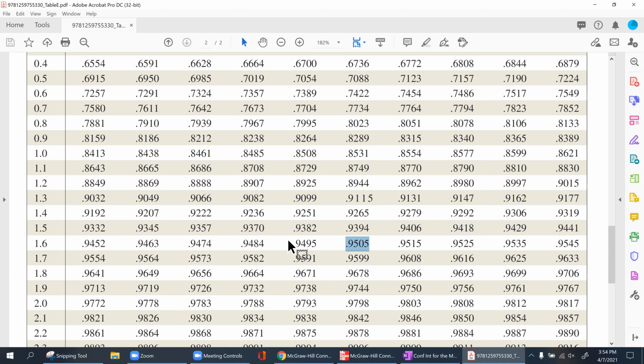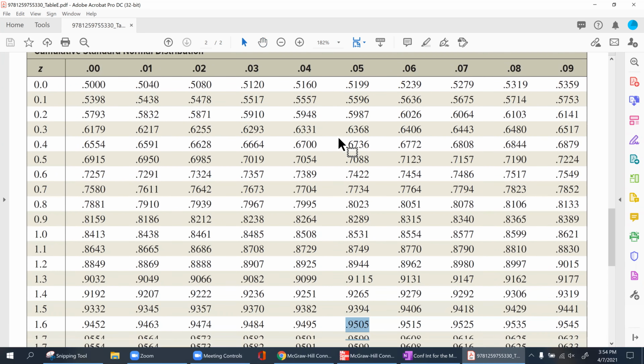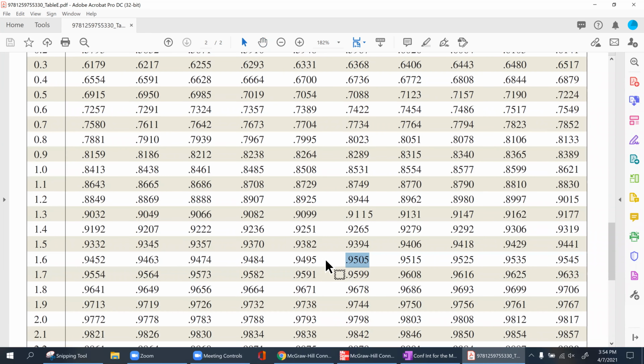0.9505. If the value you're looking for is exactly between them both, you rise up to the next upper value. So I see I'm exactly between 0.4 and exactly between 0.5. The distance is identical, so you scale up.